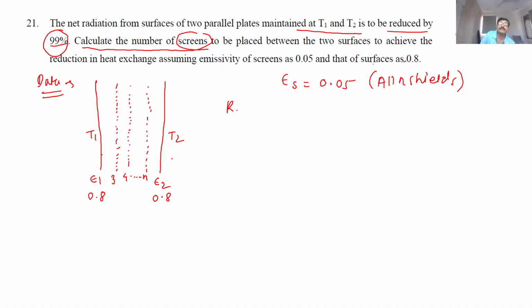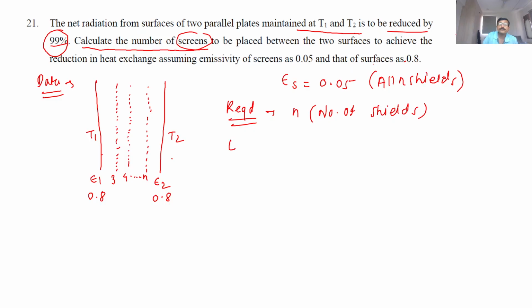And what is the required answer? We need to find N, the number of shields. So by adding the shields, your heat transfer rate is reduced by 99%.